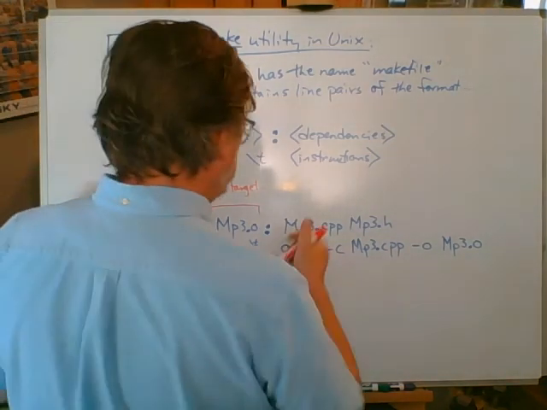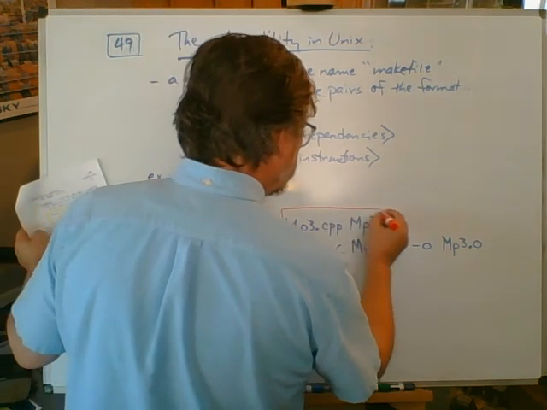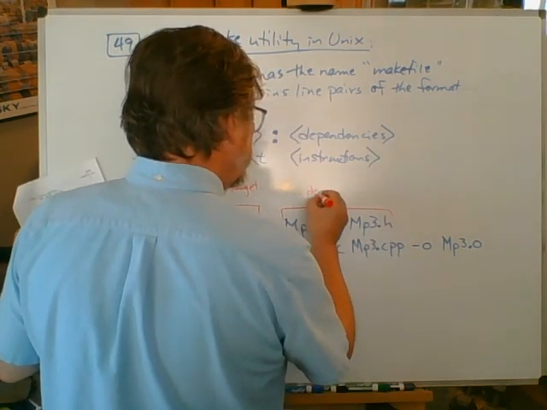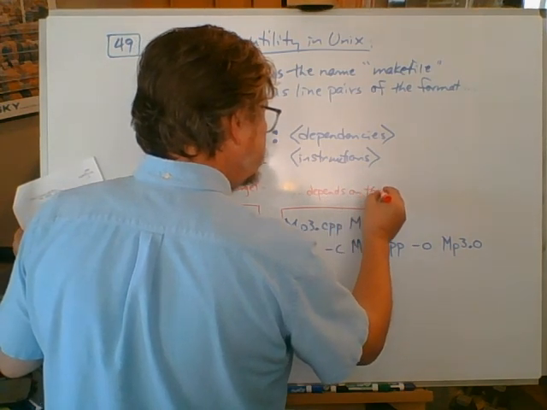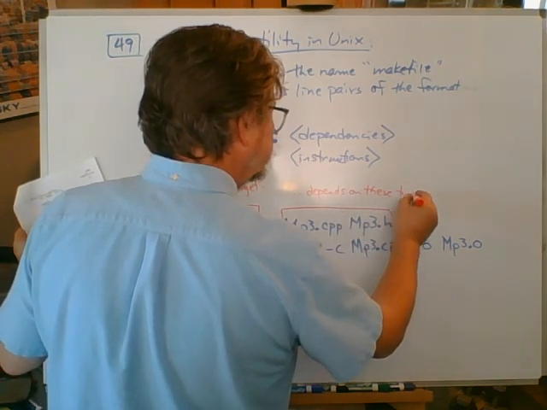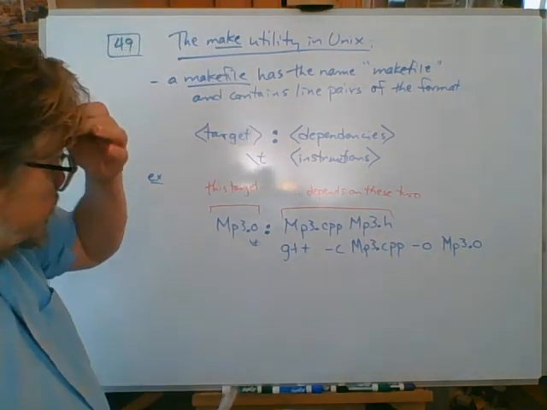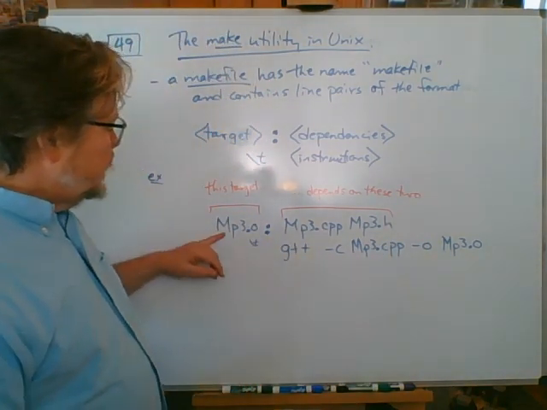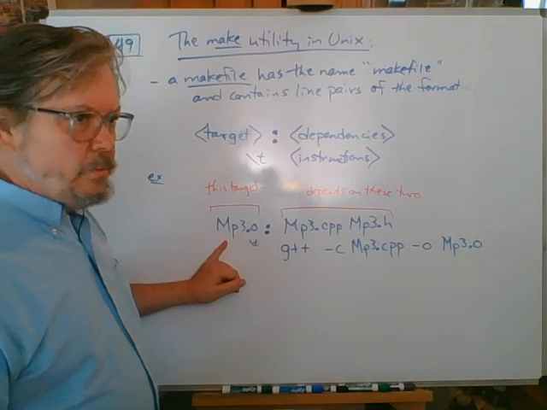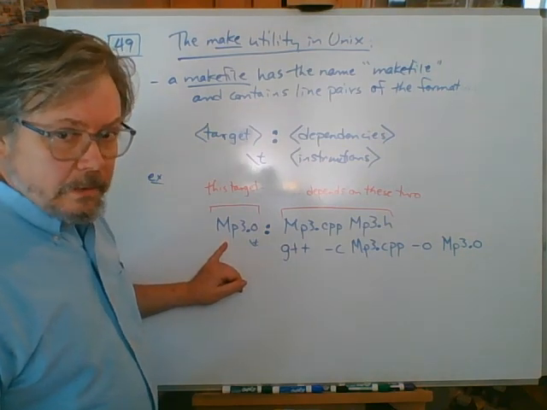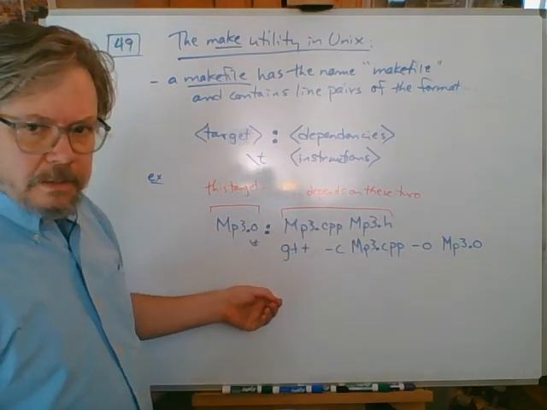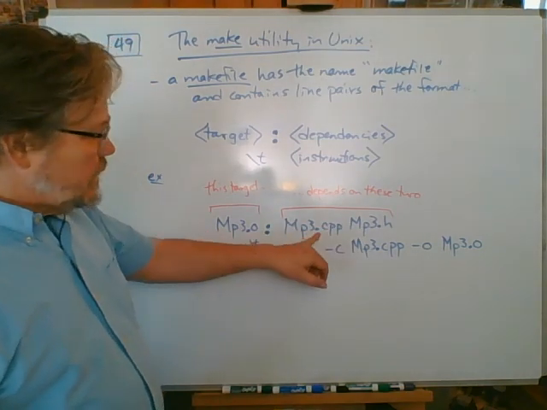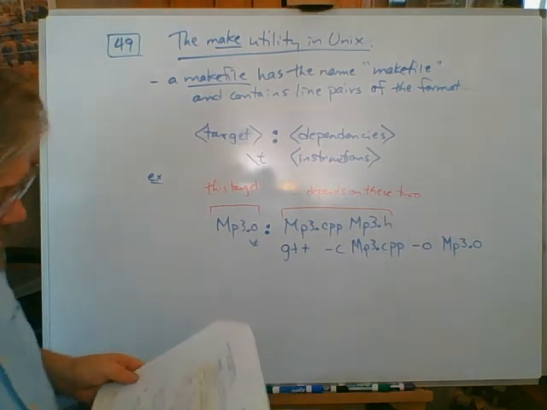This target depends on these two files. And I explained that, I hope I did, in the dependency graph. The contents of the object file mp3.o are going to need to be updated if there's a change to either one of these. That's what the dependency means. The contents of that depends on the contents of that cpp file and that .h file.